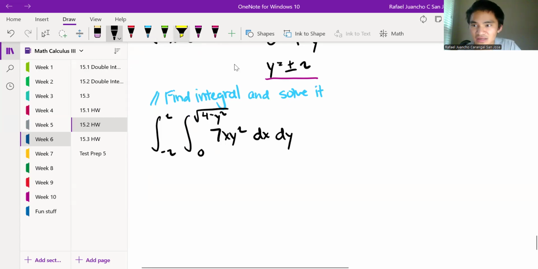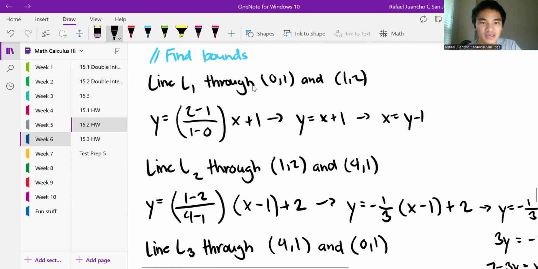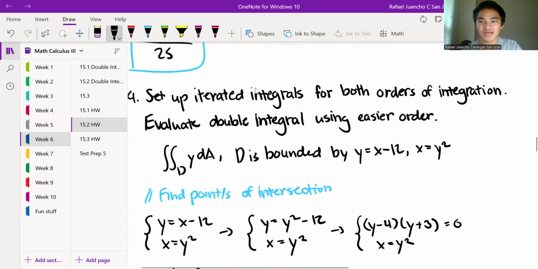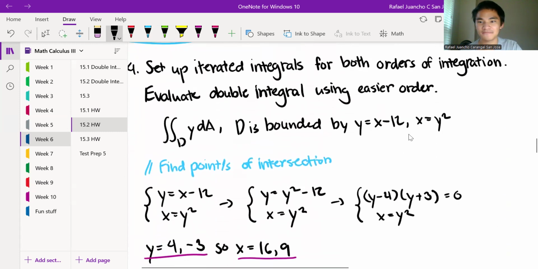Now that I realize it, I think I know what's the easier one. The easier one is what's by default. Yeah, this one looks easier. Because if we have the squared here, then that's harder, right?